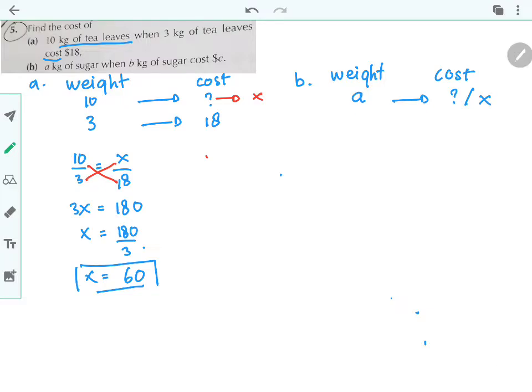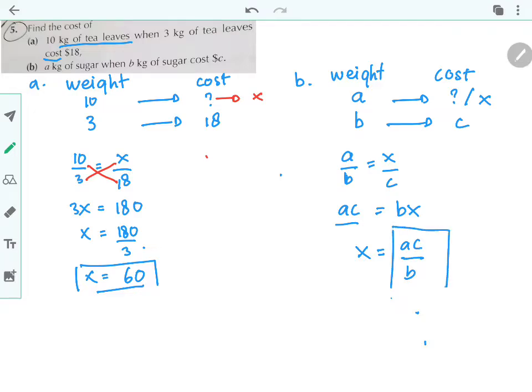As for B, when the weight is B, the cost is C. So A over B must equal x over C. Do cross multiplication again. So AC equals Bx. Because I want to make x alone, x equals AC over B. So this is the answer.